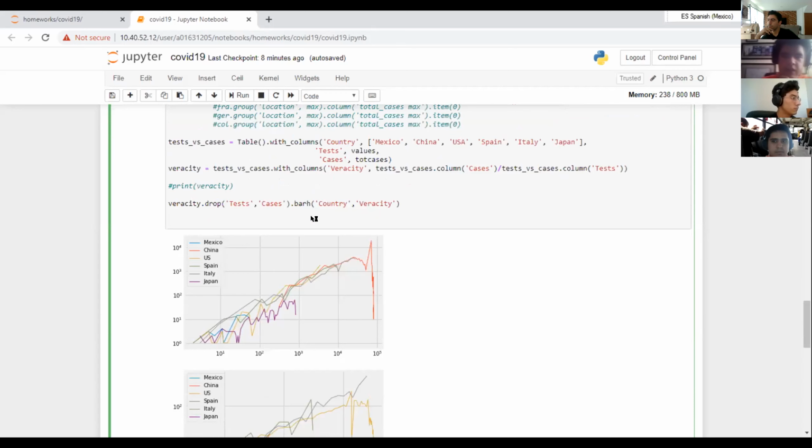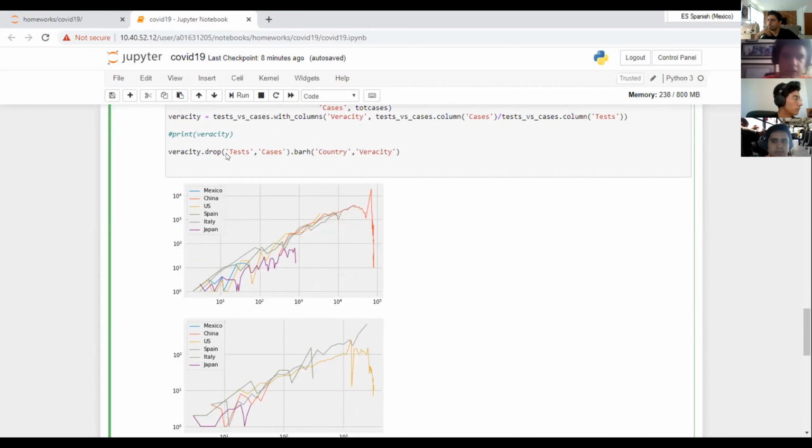So what they did is make this graph right here that plots, in a logarithmic scale, the ratio of how many new patients are discovered every day in a country compared to the total cases in that same country.